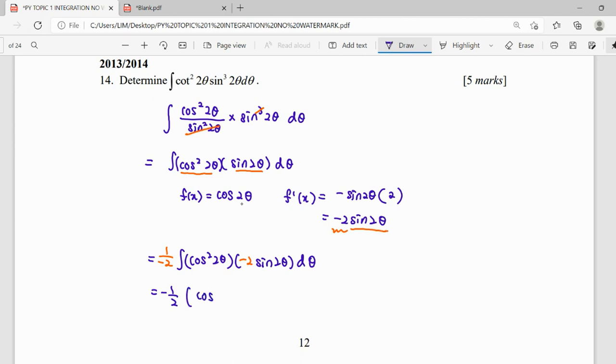The power 2 plus 1 becomes 3, over the new power, then plus c. Finally, we simplify the numbers here, so it will become negative cos cube 2 theta over 6 plus C.